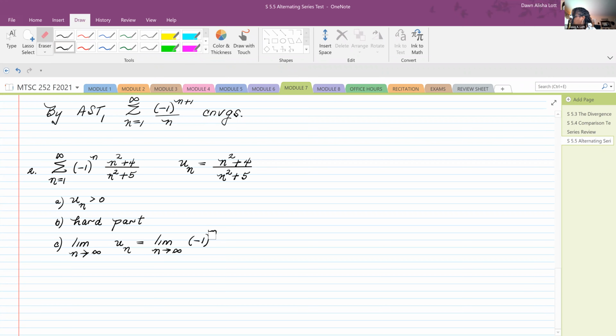Nope, kill off that. I just want (n squared plus 4) over (n squared plus 5). Can anybody tell me what that limit is just by looking at it?